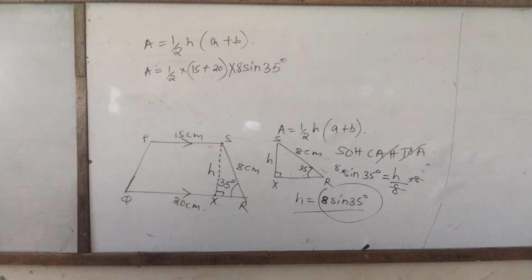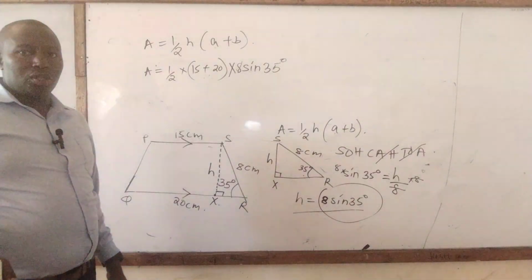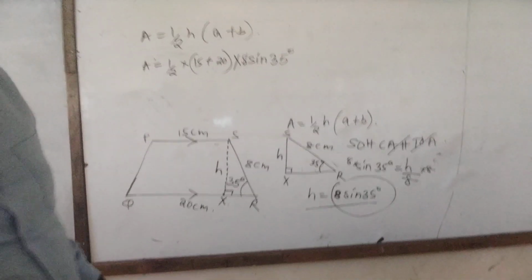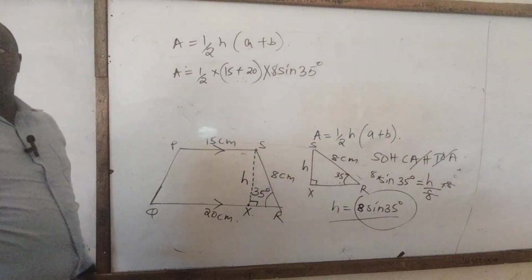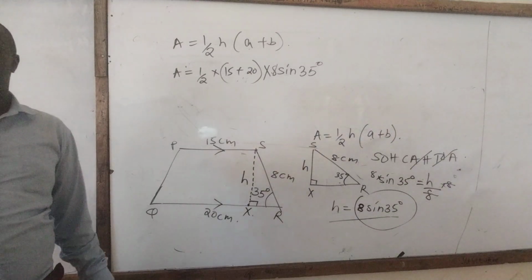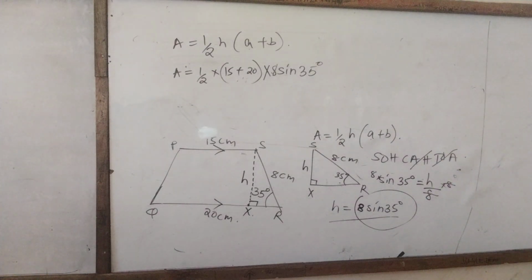Now take your math table and get the sine of 35. What is the correct sine of 35 to 4 significant figures? 0.5736.